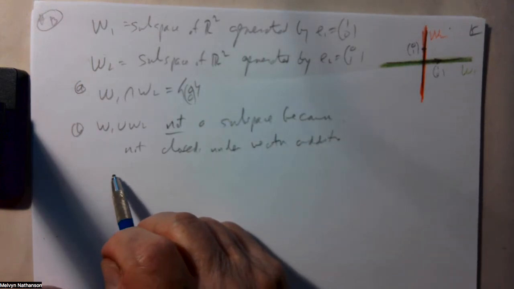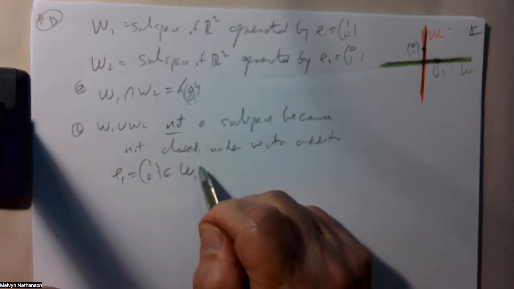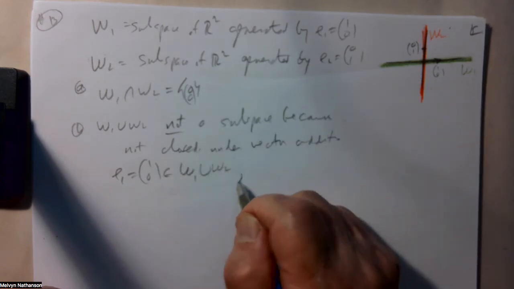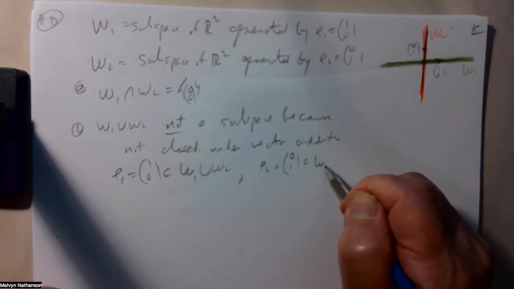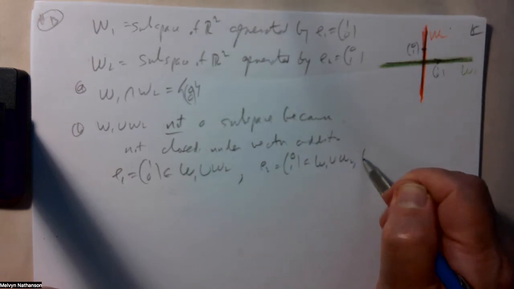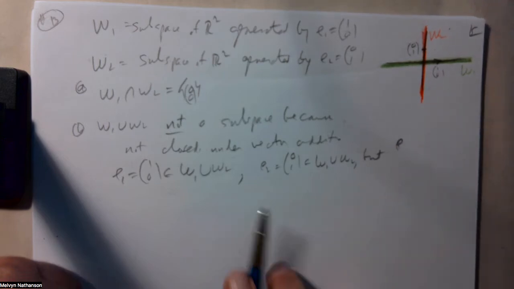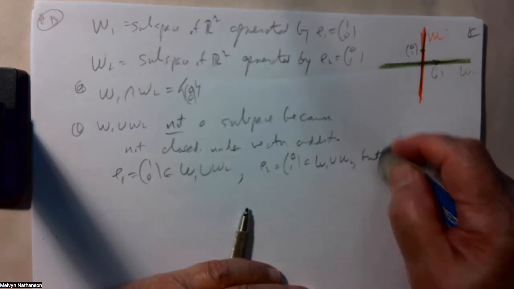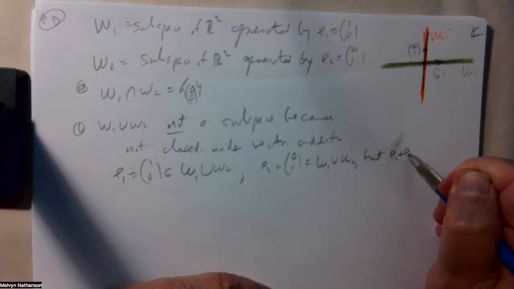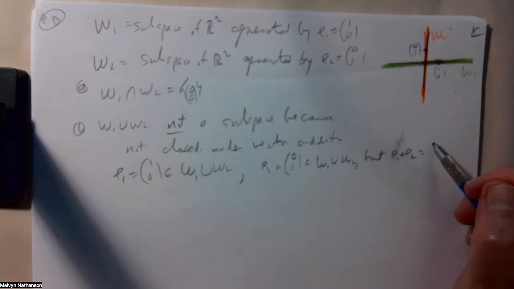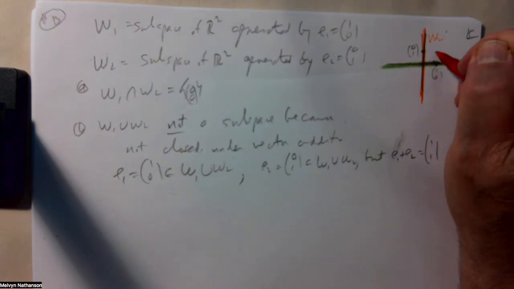I have the vector E1 in W1 union W2. The vector E2 is in W1 union W2. But if I take E1 plus E2, I add these two vectors, that's right over here.